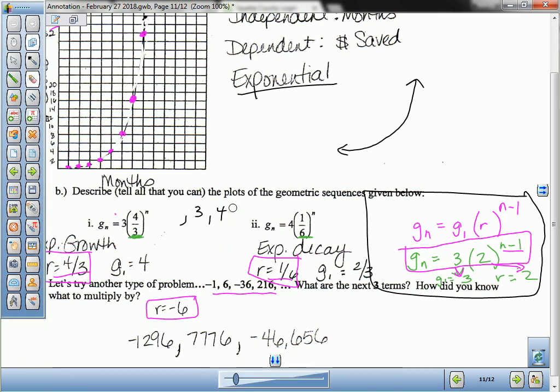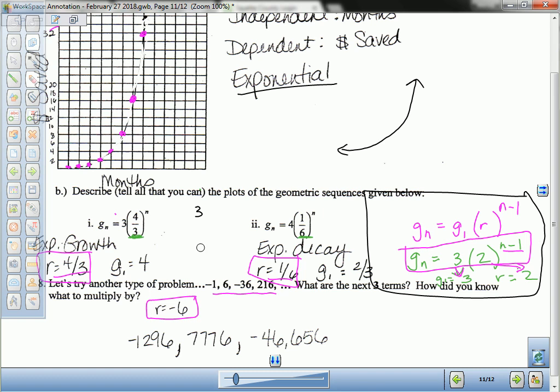So to go backwards to find the first one, you would take this and instead of multiplying by the common ratio, you would divide by it. Actually, this is your 0 term.